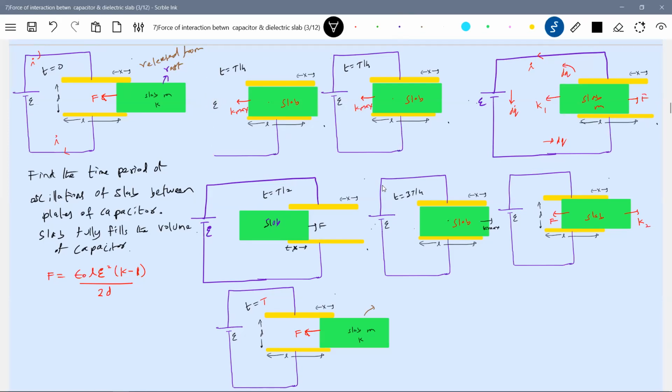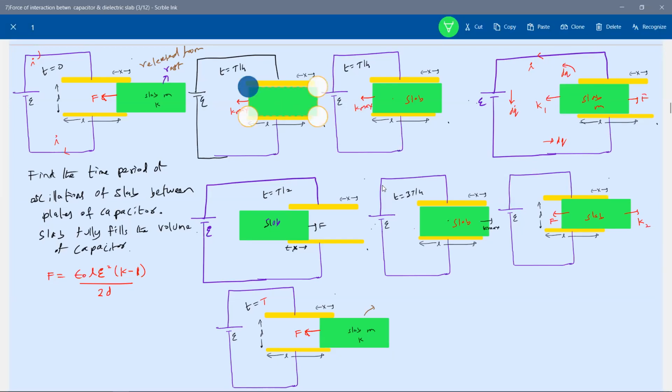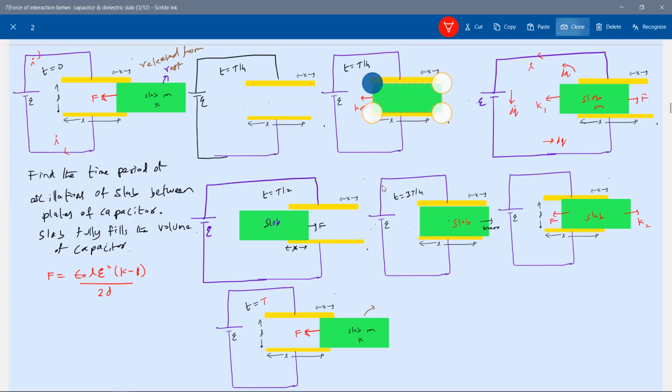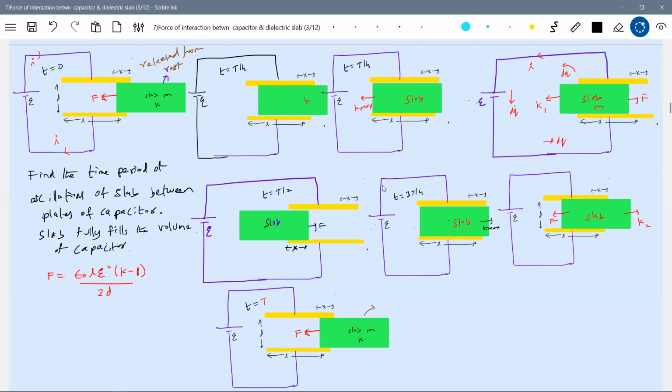I'll adjust the diagram, no problem. Slightly, we have to move the slab. This intermediate diagram will be more justified, before reaching. Now clearly you see it.